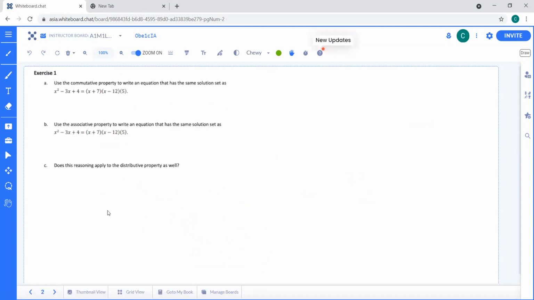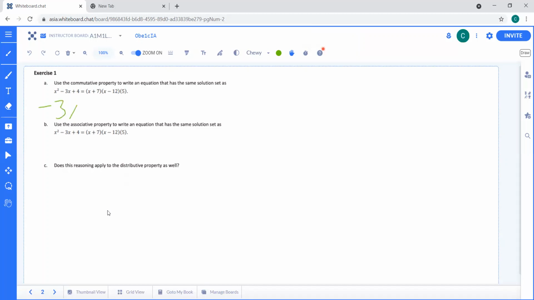All right, page 2. It says, use the commutative property to write an equation that has the same solution set as x squared minus 3x plus 4 = 5(x + 7)(x - 12). Okay, so let's just do it on both sides of the equation. We'll do commutative property.